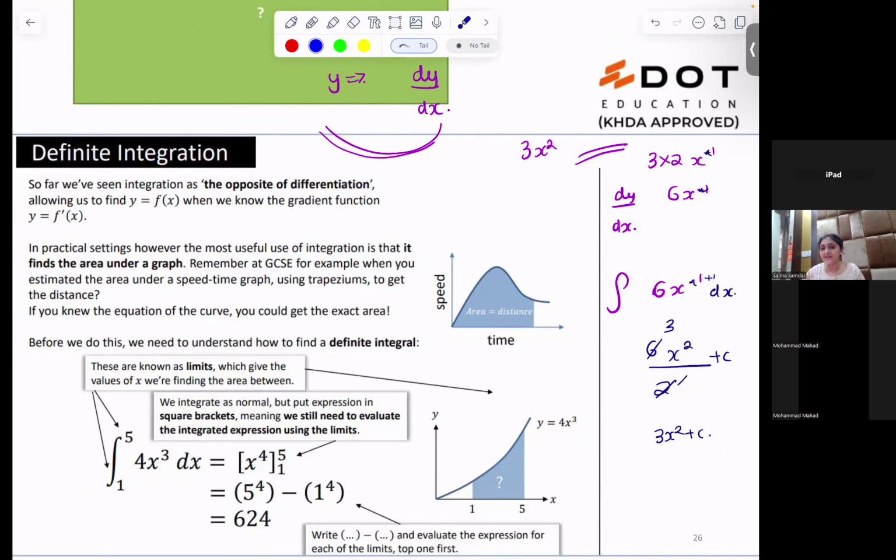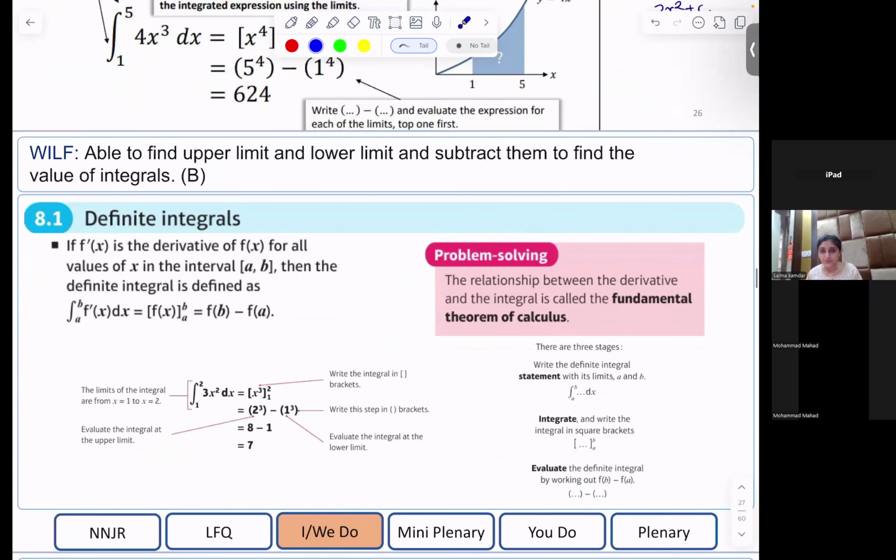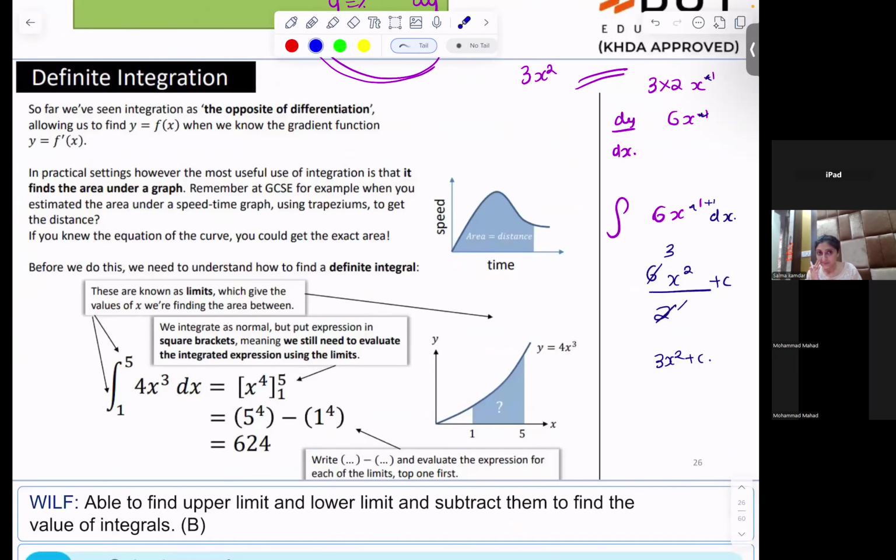So if you have to find the gradient, what are you going to do? We'll differentiate. If I want to find the area under the graph, what am I going to do? We'll use integration. So integration is basically used to find areas under the graph.